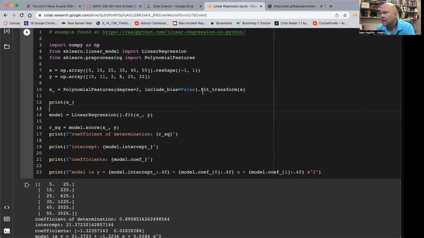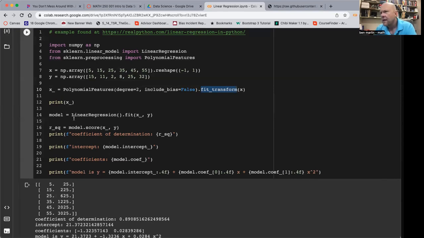All right. But then we have this fit transform here that tells it to do something to the x so that it's set up the right way. If you went ahead and print out that x underscore, you will see that it will have a column of ones, a column that's just the x's that you had, and then a third column, which would be the squares of those.